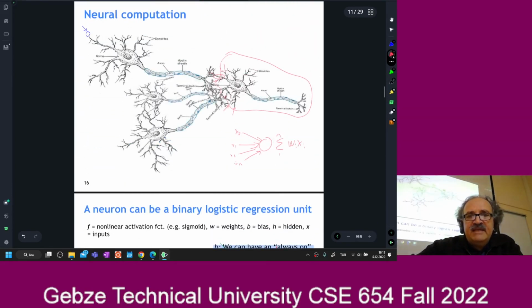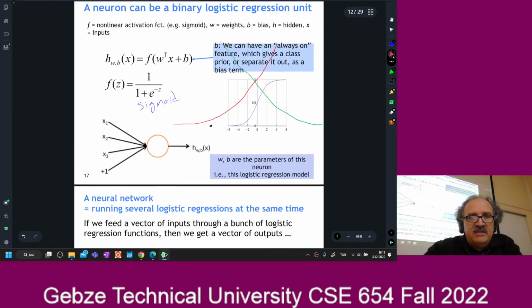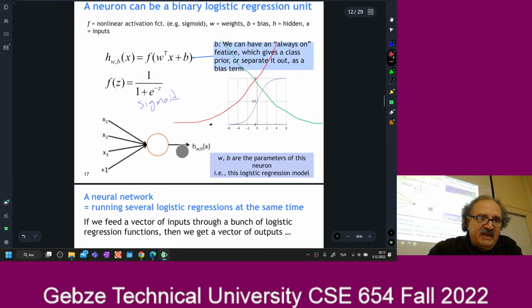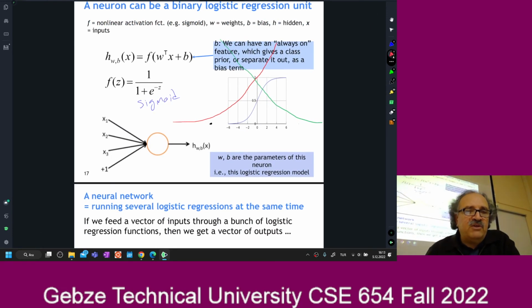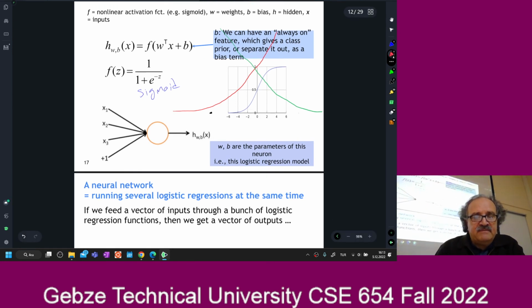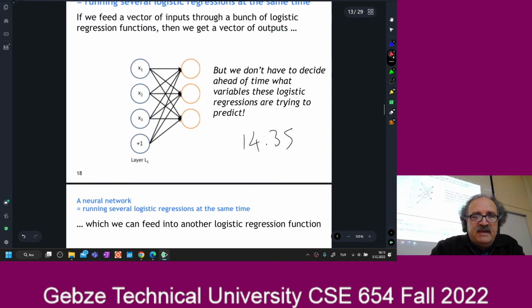What did I say about the neurons? If I like it, then I make a 1 out. If I don't like it, I don't produce anything, 0. And this is what it does. And a neural network is this. I have neurons, I have other neurons. Output of these neurons are fed to the other neurons.